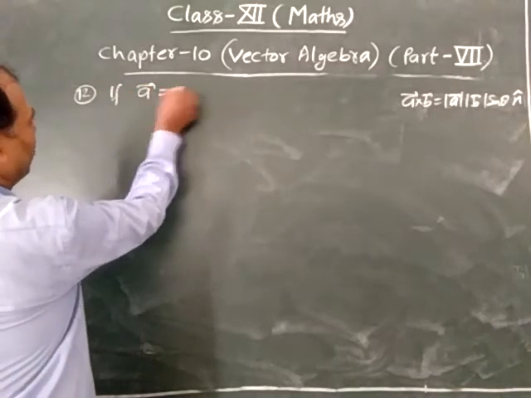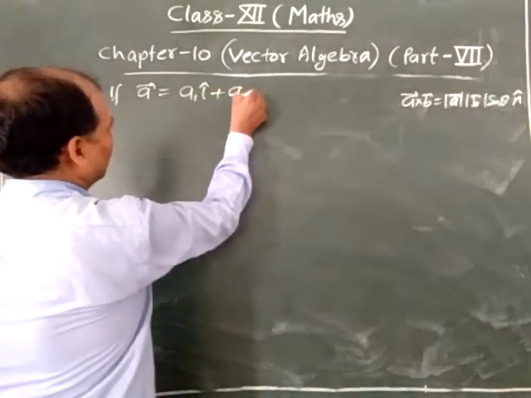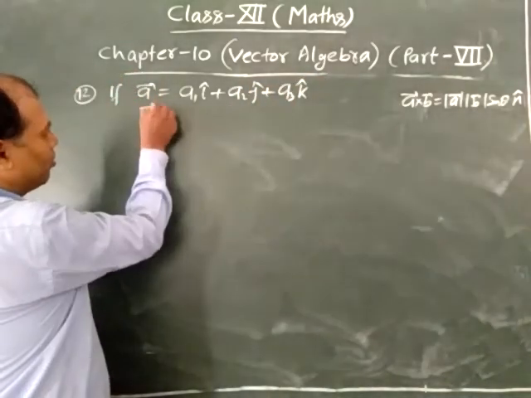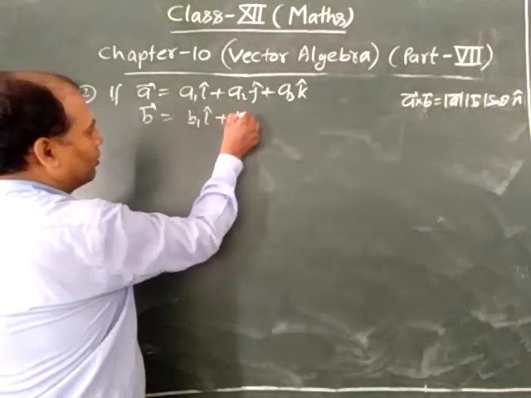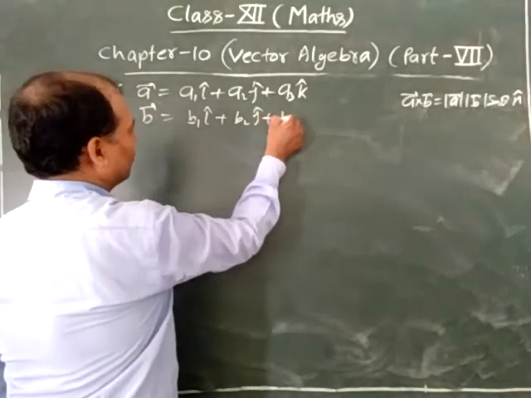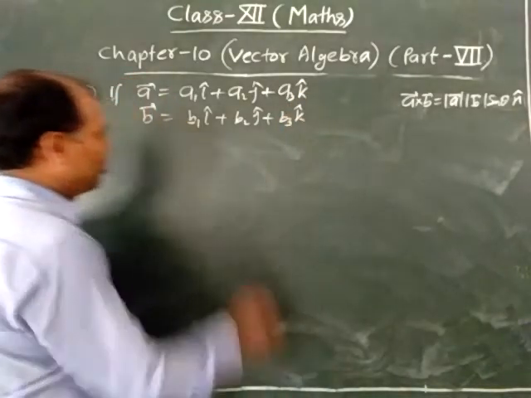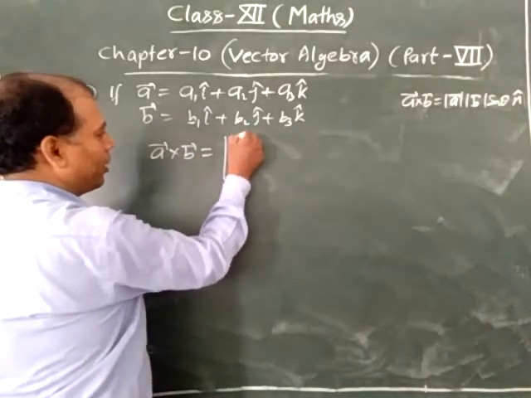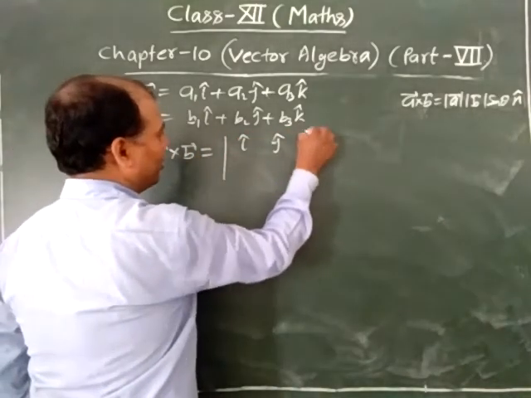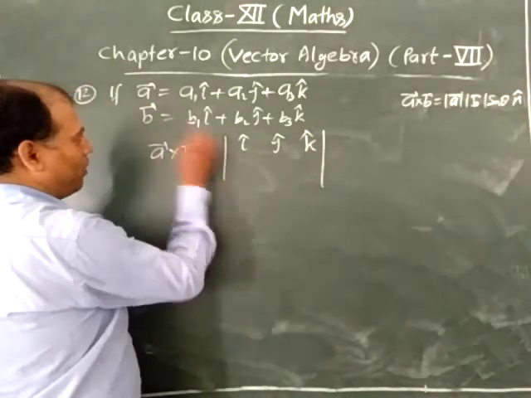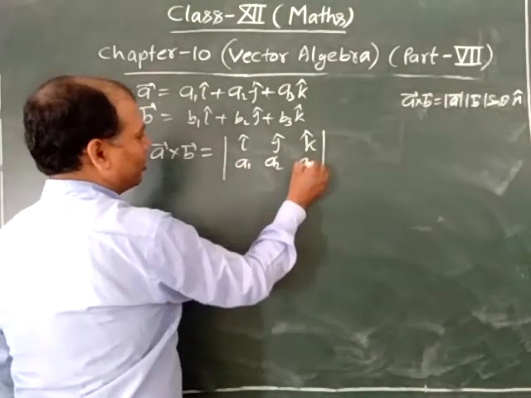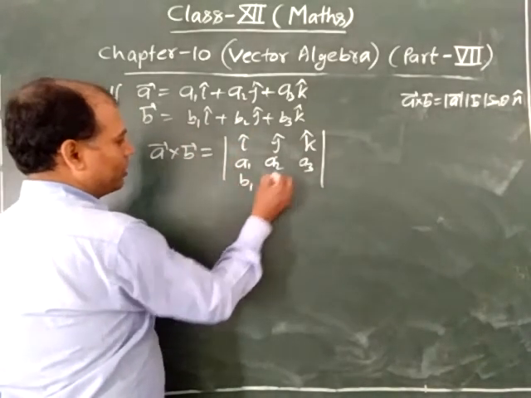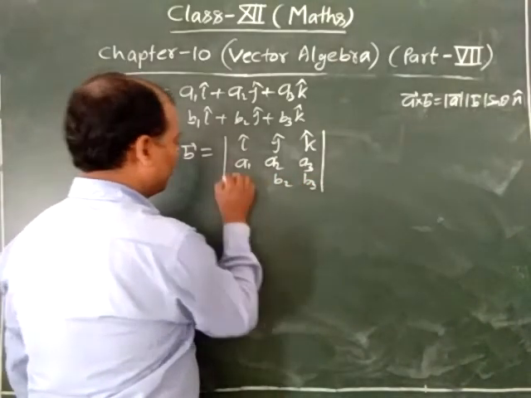If vector A is equal to A1 i plus A2 j plus A3 k, and vector B is equal to B1 i plus B2 j plus B3 k, then A cross B can be evaluated by the value of the determinant in which the first row contains i, j, k, the second row contains the components of vector A, A1, A2, A3, and the third row contains the components of vector B, which are B1, B2, B3.